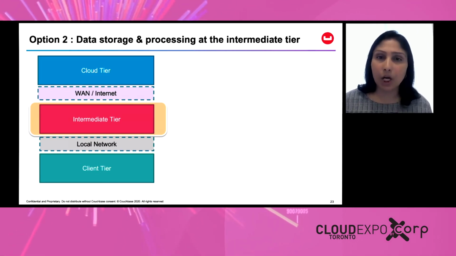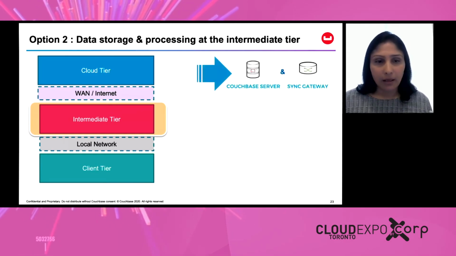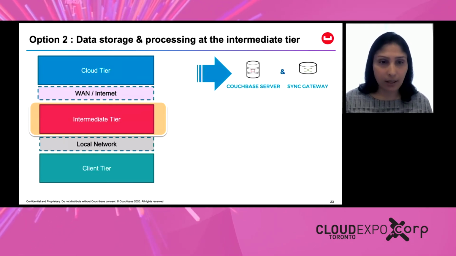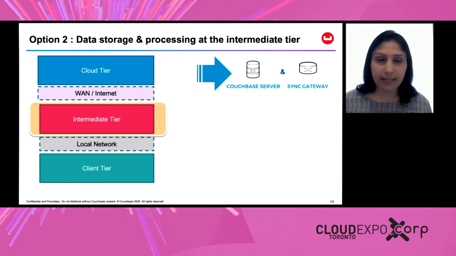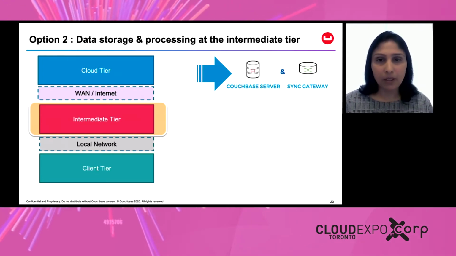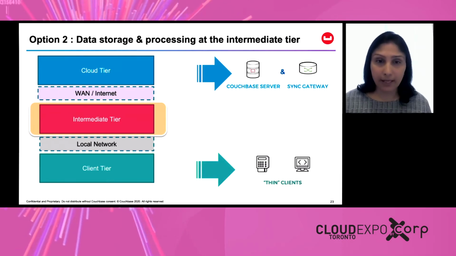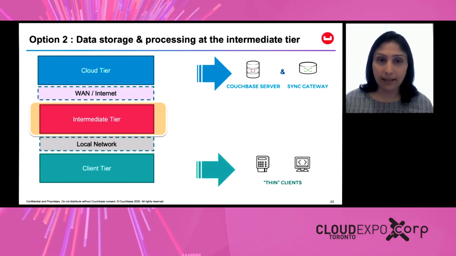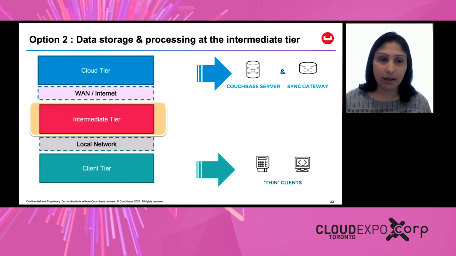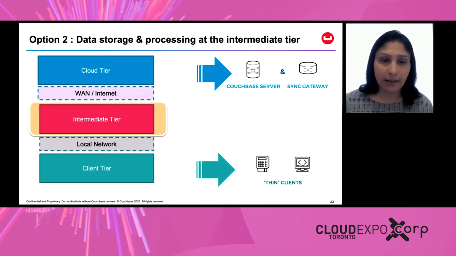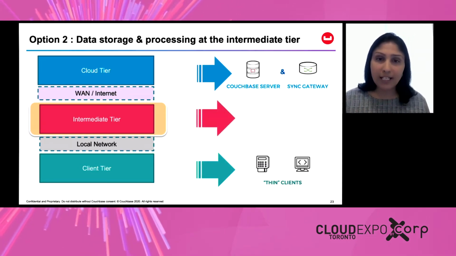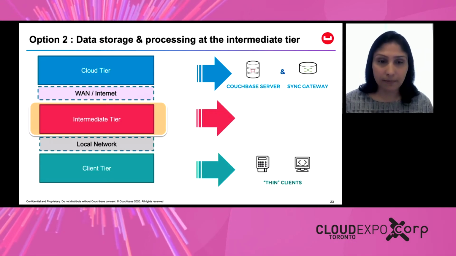So again, how does Couchbase align? On the cloud tier, you've got Couchbase Server, Sync Gateway, as was the case in the previous model. On the client tier, because these are thin clients, they are not capable of any data storage or processing. They could be lightweight sensors, for instance, right? So there's no Couchbase here. Now, when it comes to the intermediate tier, you've got two options.